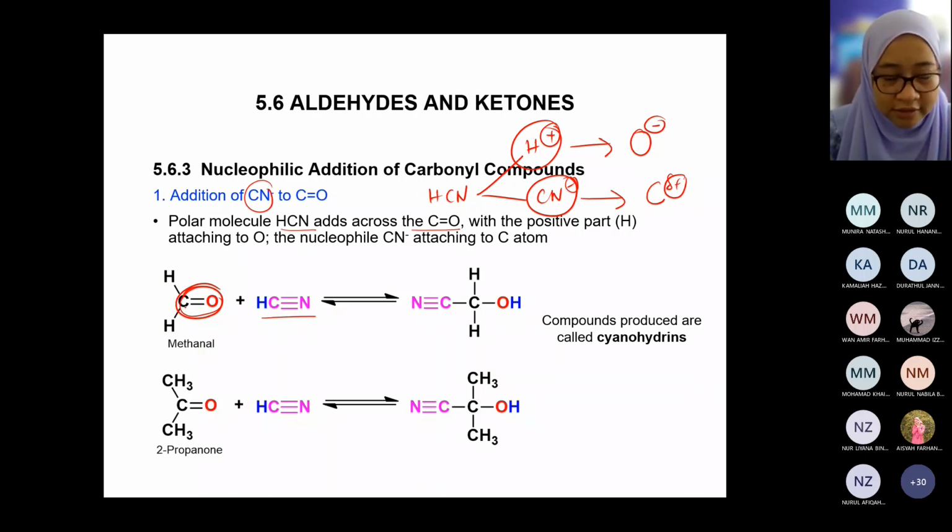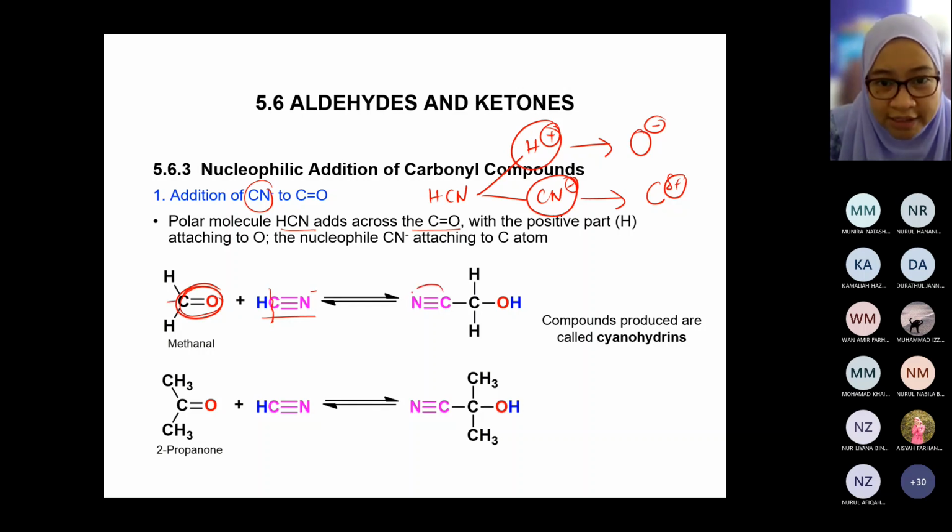If you studied the mechanism before, we had a mechanism, but now we don't have it anymore. We exclude the mechanism. So what happens is that the CN will actually attack from behind and attach itself to the carbon.